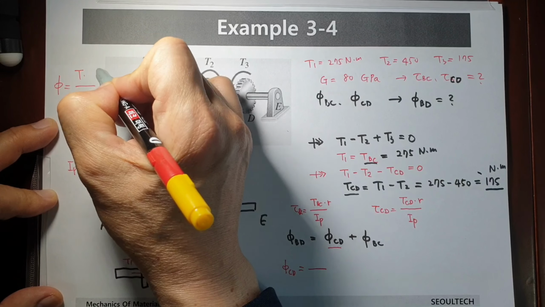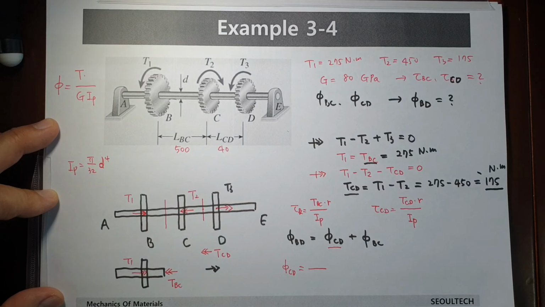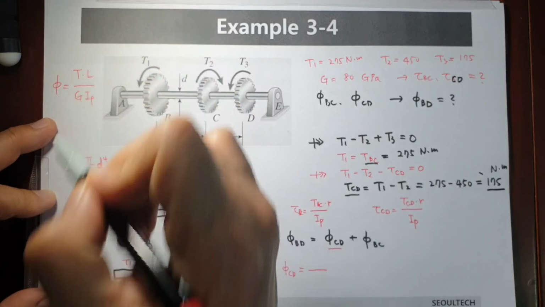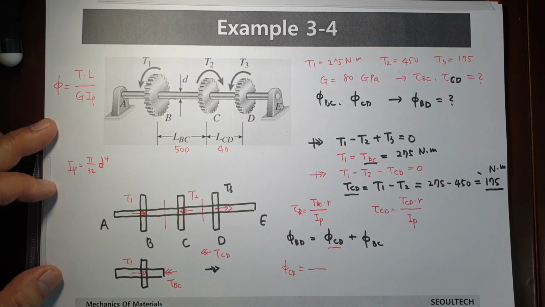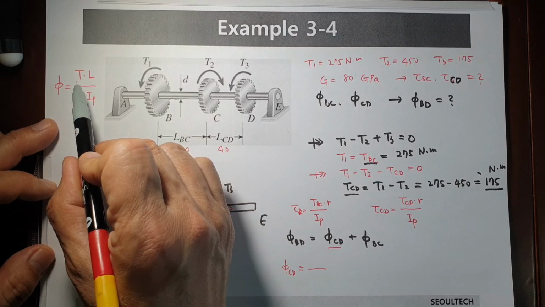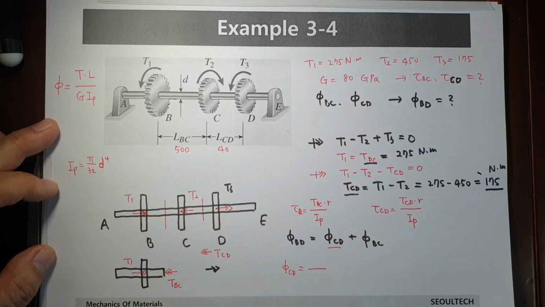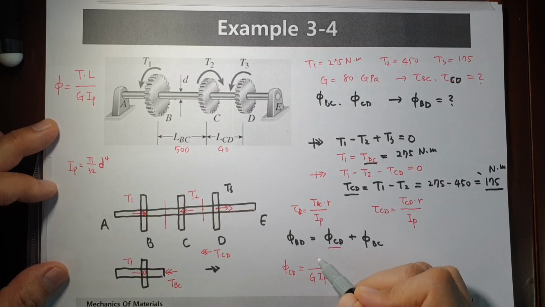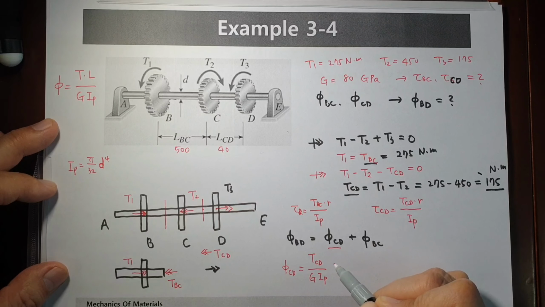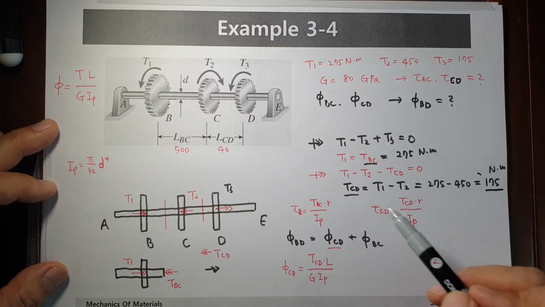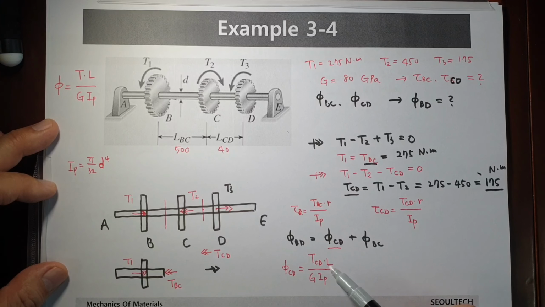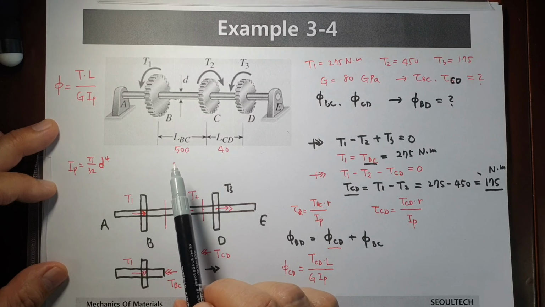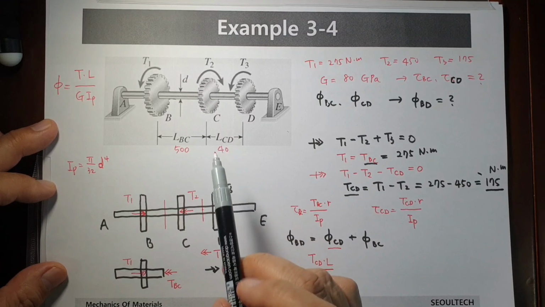So G, polar moment of inertia, and TCD and length L. We have TCD given like this one, and the length CD is 40 millimeter, converted to meter.